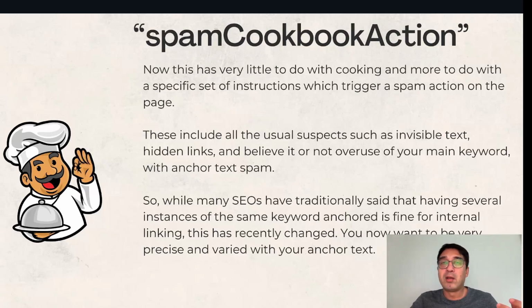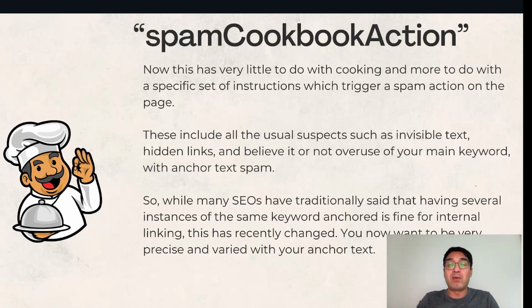Now these include your usual suspects such as keywords that are invisible text, hidden links, cloaking, that kind of stuff. But also, we've found that this algorithm would also hit if you've been spamming your keyword within your site. So anchor text spam and keyword spam within your own site.